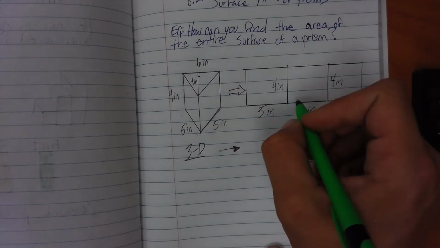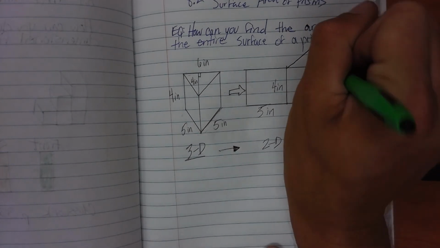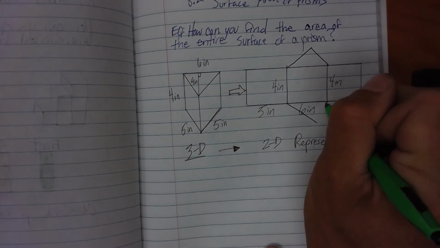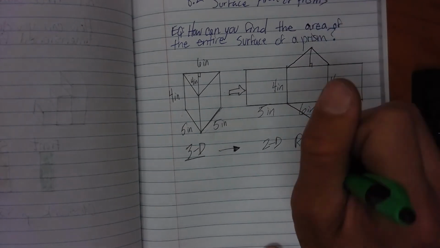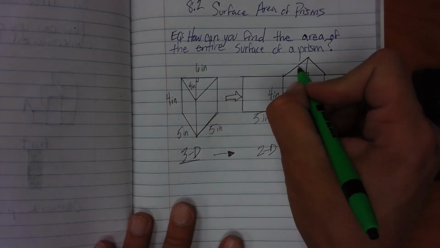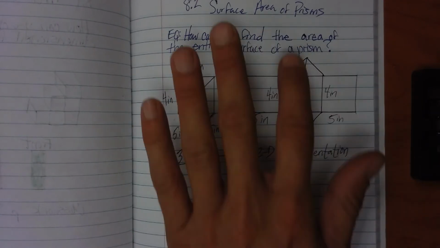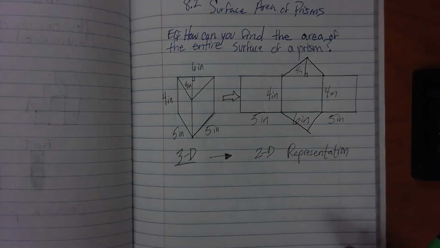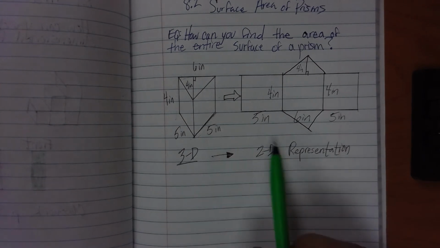So there's my triangles. And you don't have to draw it perfect. That's just so you can understand that you're finding the area. So the height of my triangle is 4 inches. So I would want to find the area of each one of these. And this is 3D to a 2D representation.